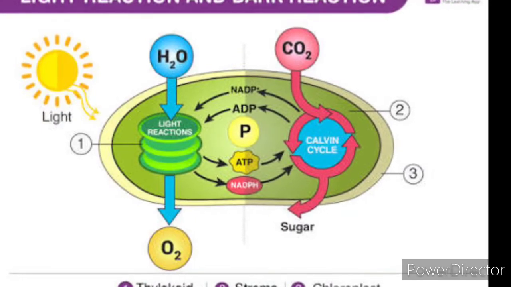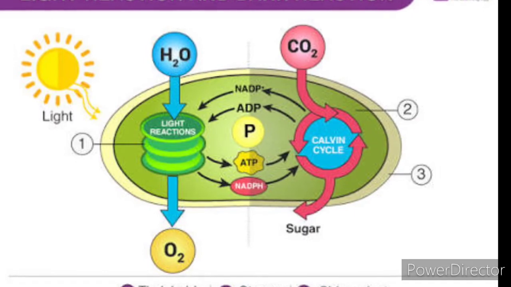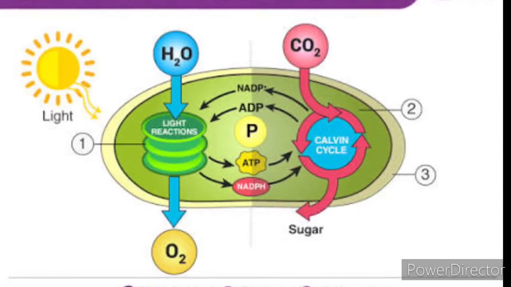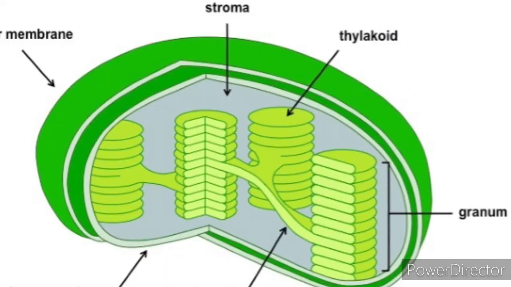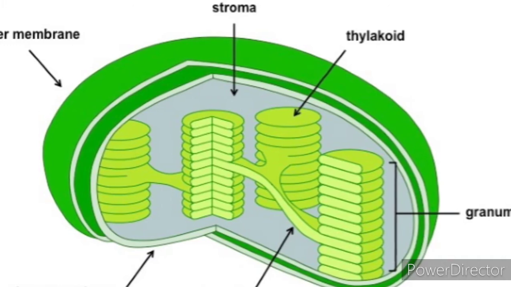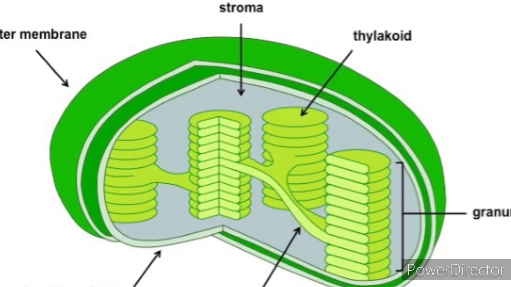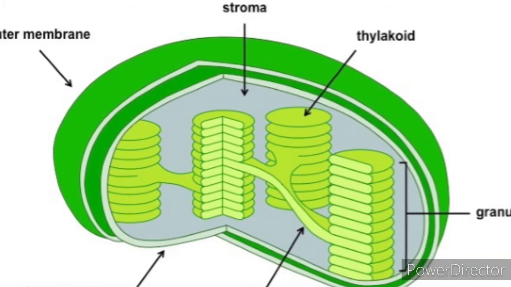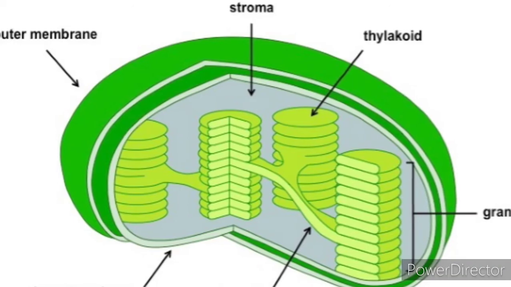In one phase, sunlight is captured in chlorophyll cells. After that, the water molecule is split into hydrogen and hydroxyl. The hydrogen and carbon dioxide combine together, go through many chemical reactions, and here the photosynthesis process is done.